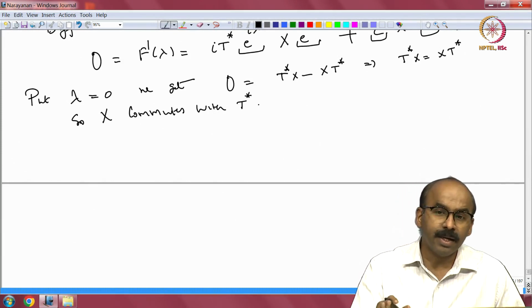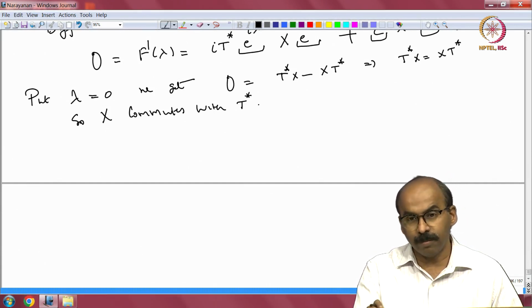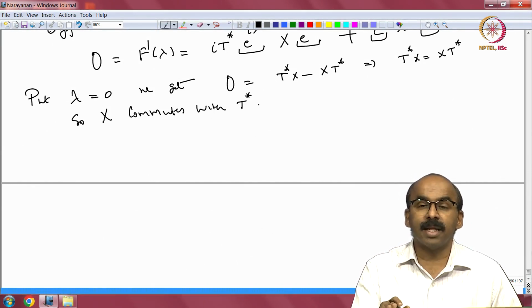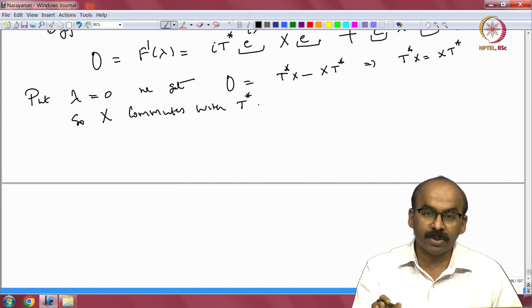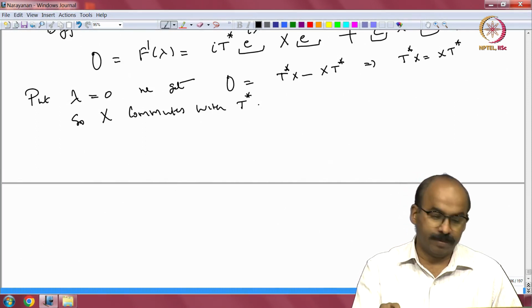So, if I take t and s normal and if t and s commute, then t will commute with s star, s will commute with t star, and both t and s will have the property that it commutes with the function of the other operator. In particular, the projections associated with t and s will commute.